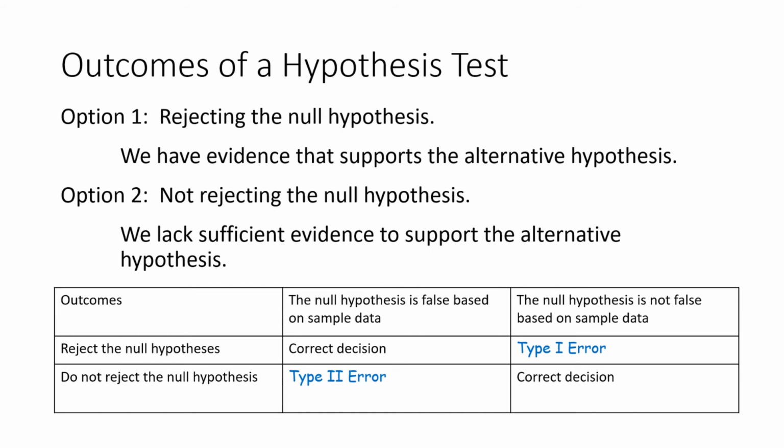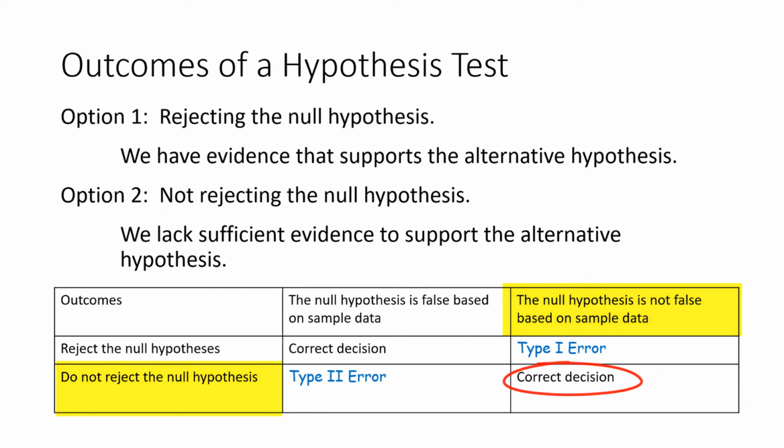Given the two options, we have four possible outcomes. One correct decision is that the null hypothesis is false based on sample data, and we reject the null hypothesis. Another correct decision is that the null hypothesis is not false based on the sample data, and we do not reject it.